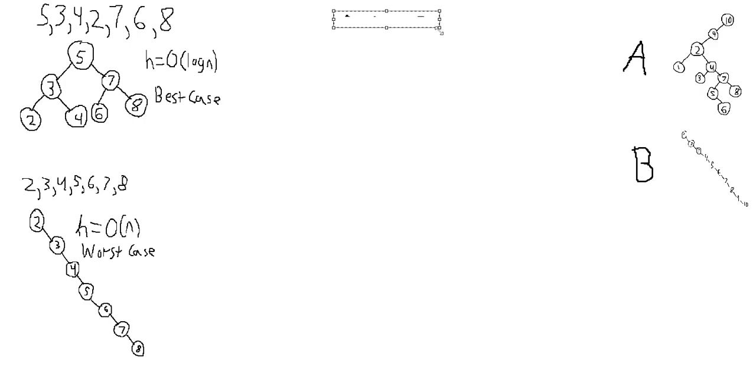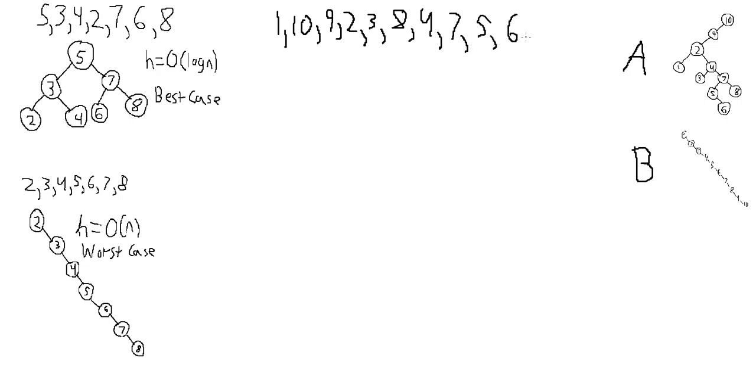Next one we're looking at is C, which has the order 1, 10, 9, 2, 3, 8, 4, 7, 5, 6.